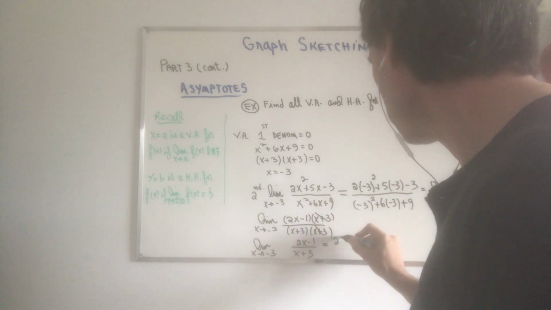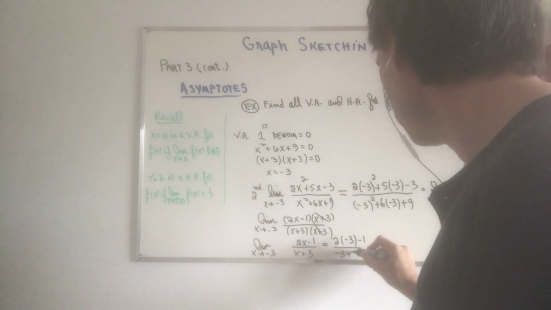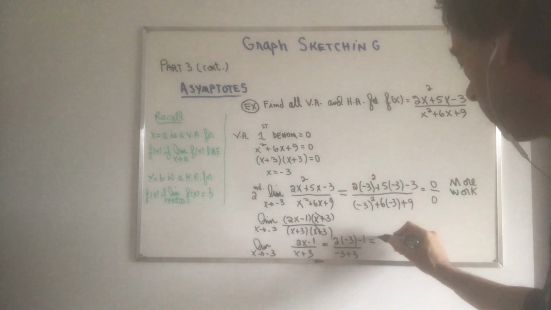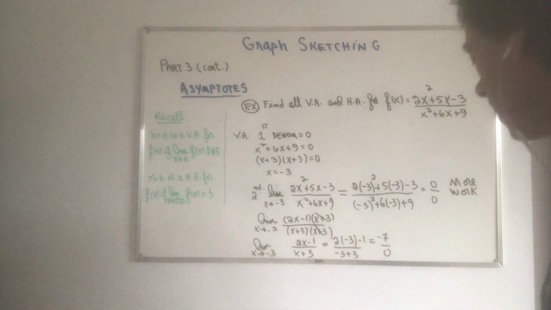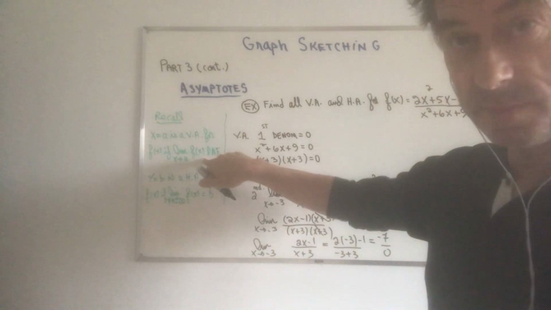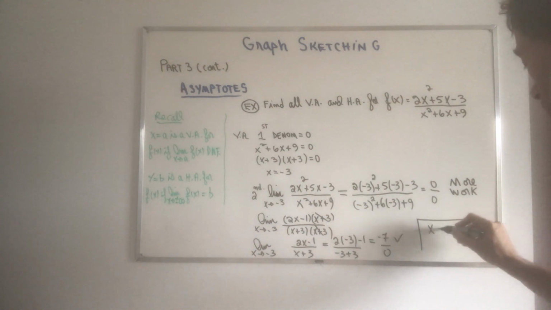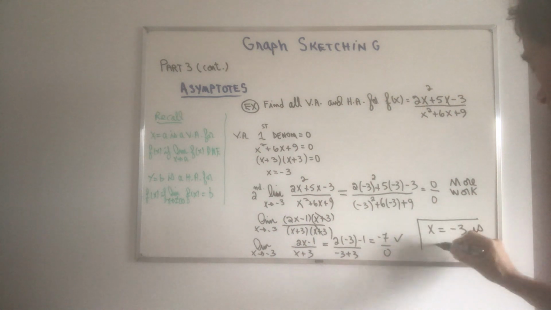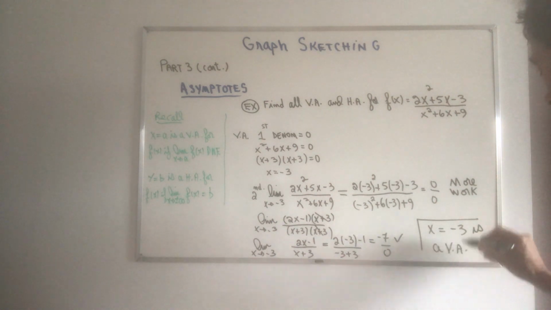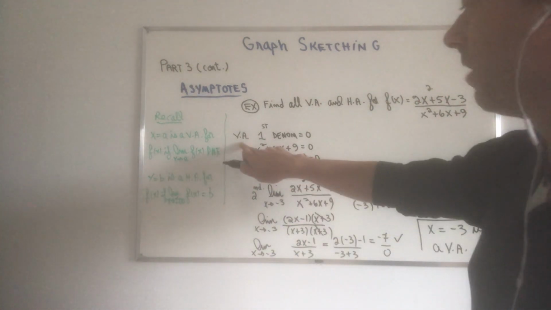I cheat again. 2 times minus 3 minus 1 over minus 3 plus 3. And this time I get confirmation. I get justification. Minus 7 over 0 is actually the answer. That is good for me because when I'm looking for a vertical asymptote, I need the outcome of the limit to be DNE. So confirmed. We have x equals minus 3 is a vertical asymptote. Great.